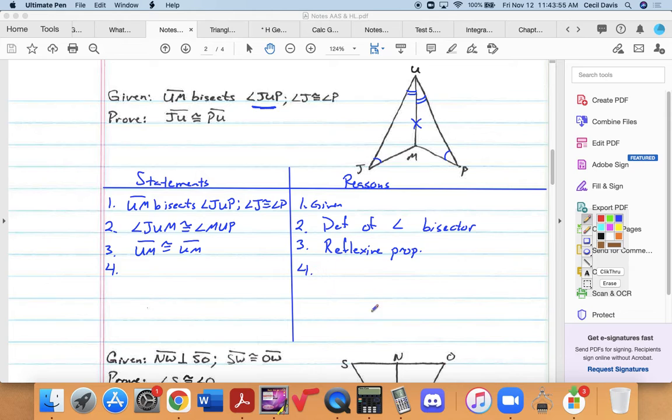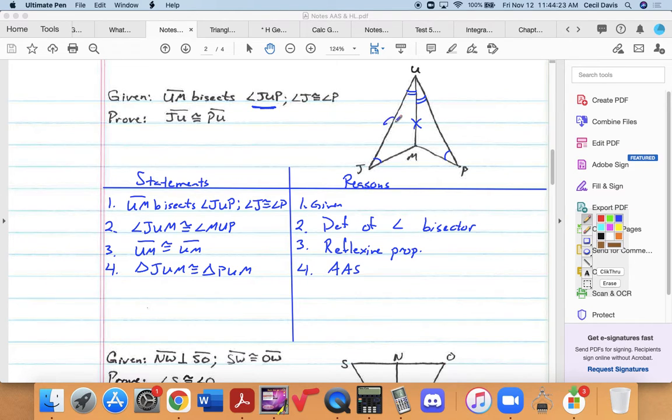So, someone have a suggestion as to what we could do at this point? Madeline? Triangle JUM is congruent to triangle PUM. Yes. What reason? Angle, angle, side. Yes, because you've got two pairs of congruent angles and a pair of sides that are congruent that are not in between the two angles.